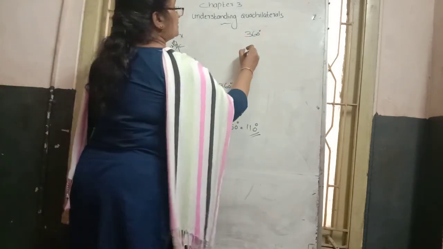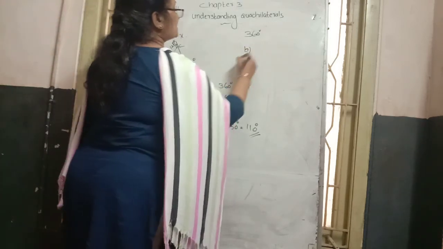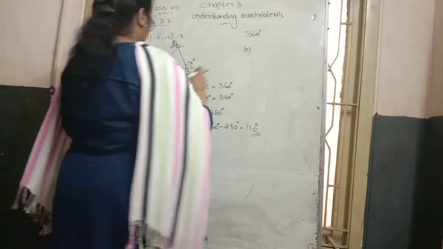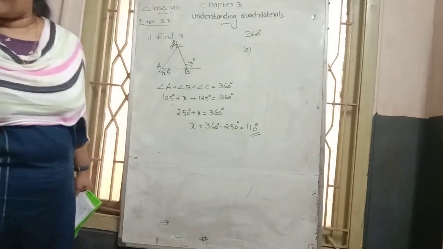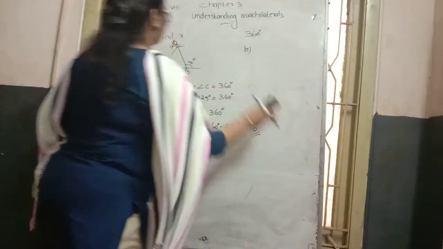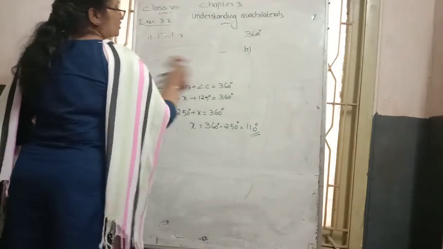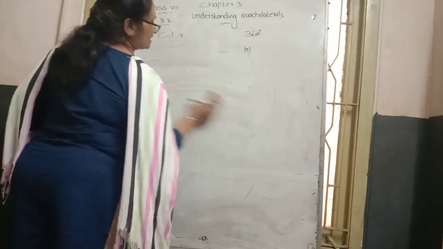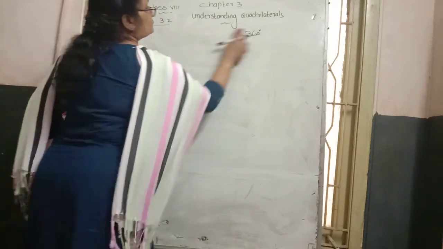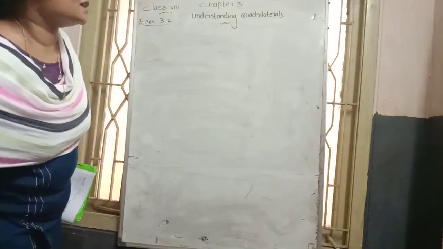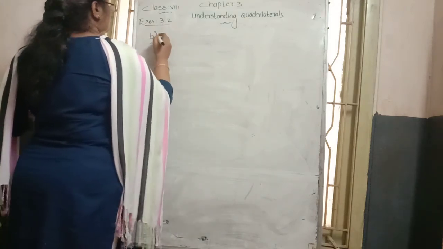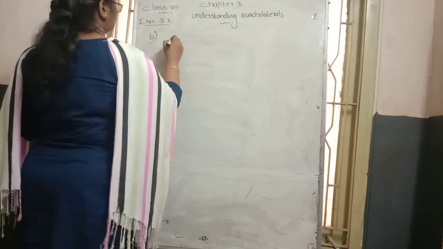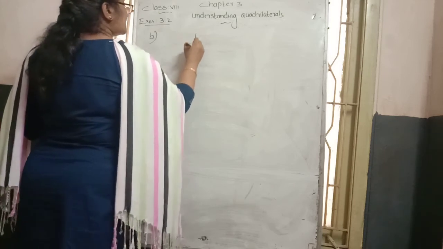Then the same model, second question, B. There also they gave one diagram, and they ask to find the x value using exterior angles, because the sum of the exterior angles is 360 degrees. Using that property, the figure is drawn in this way.